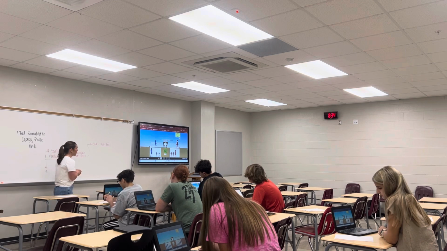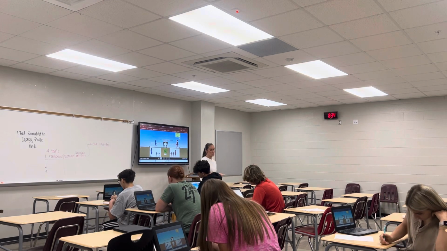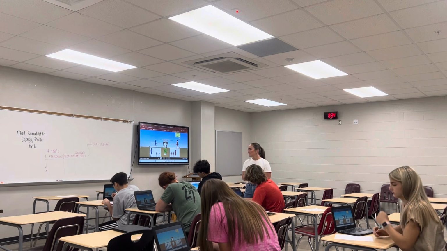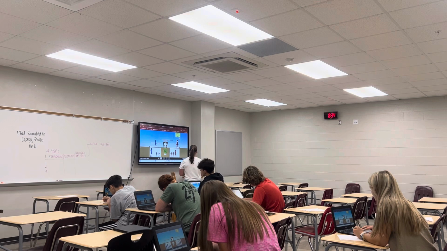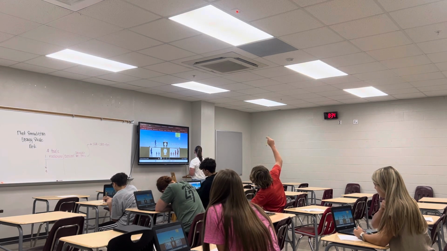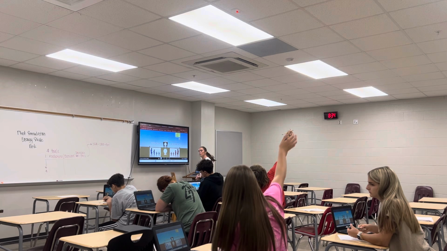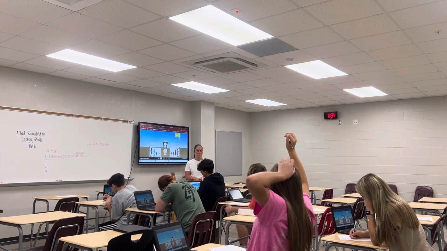All right, I'm going to give you a couple minutes to do these 4 trials, making your predictions, your outcome, and you have to calculate the net force, okay? Yes, sir. Can I just put like whatever for the prediction?